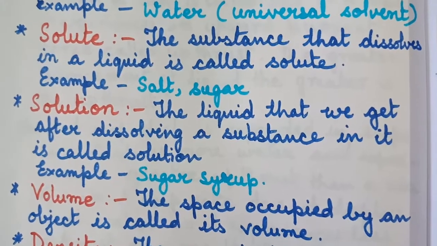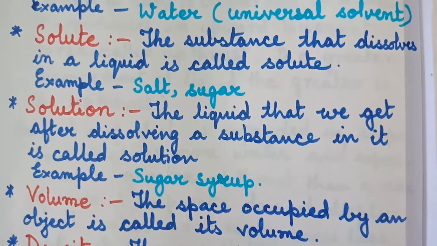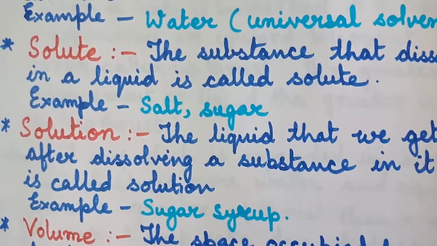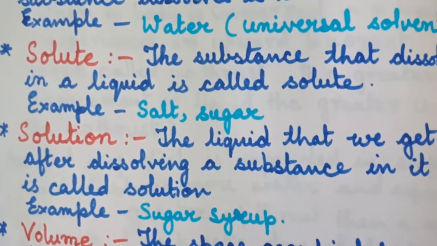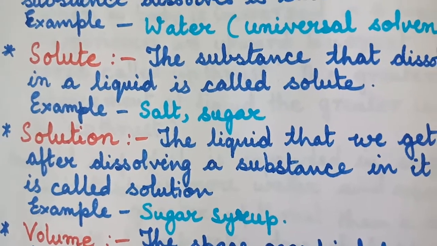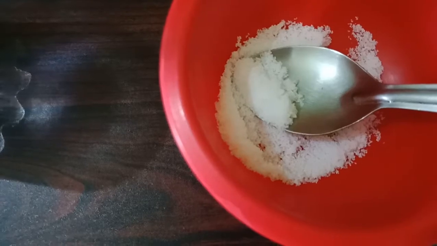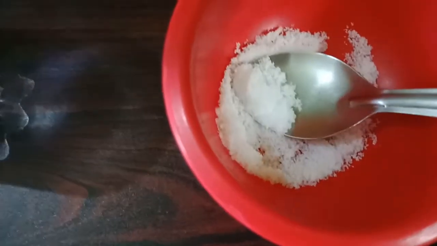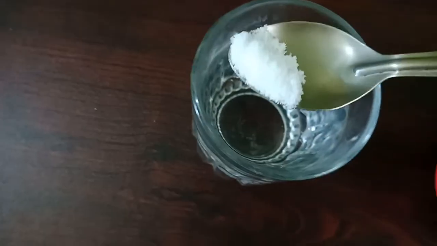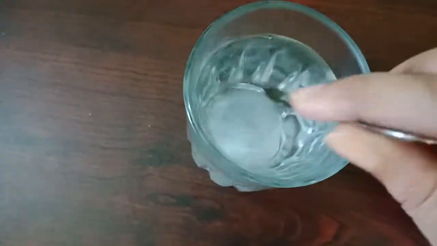Now, solution. The liquid that we get after dissolving a substance in it is called solution. Example, sugar syrup, salt water solution, etc. This is salt. I will take some salt and try to dissolve it in water. Let us see what happens.